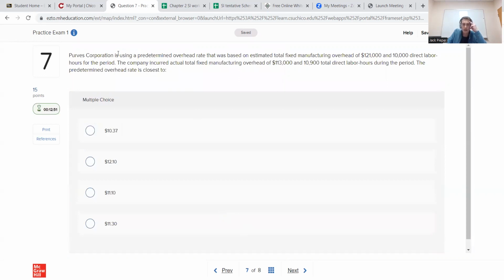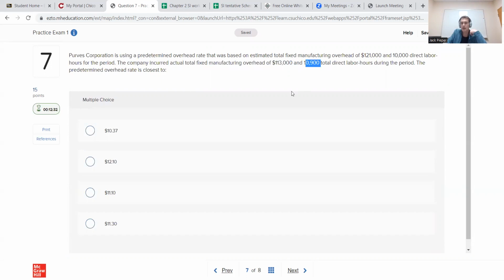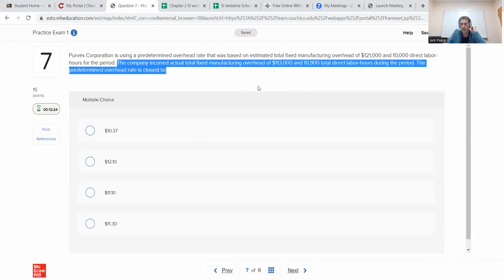All right. Using a predetermined overhead rate based on fixed manufacturing overhead that was based on an estimated total fixed manufacturing overhead of 121,000 and 10,000 direct labor hours. Company actually incurred 113,000 and 10,900. The predetermined overhead rate is closest to. All right, trick question. The actual has no bearing on this.